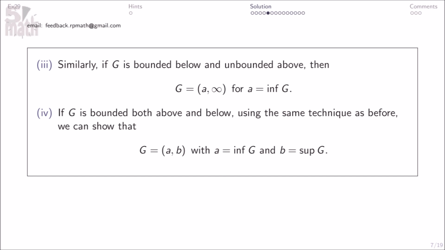Similarly, if G is bounded below and unbounded above, then G equals this for A equals infimum G. IV. If G is bounded both above and below, using the same technique as before, we can show that G equals this, with A equals infimum G and B equals supremum G.